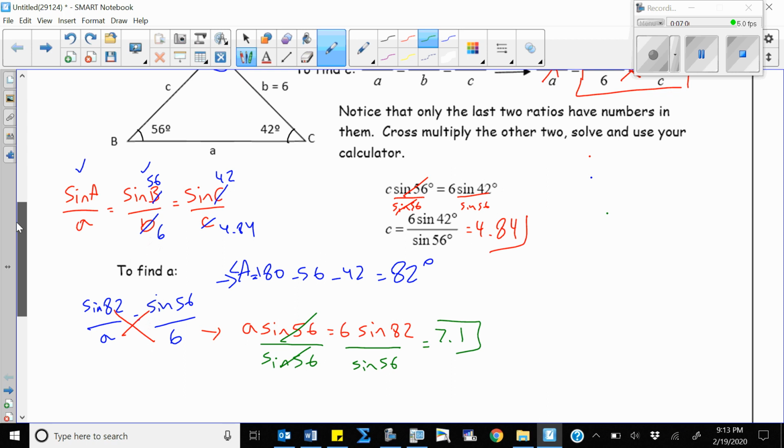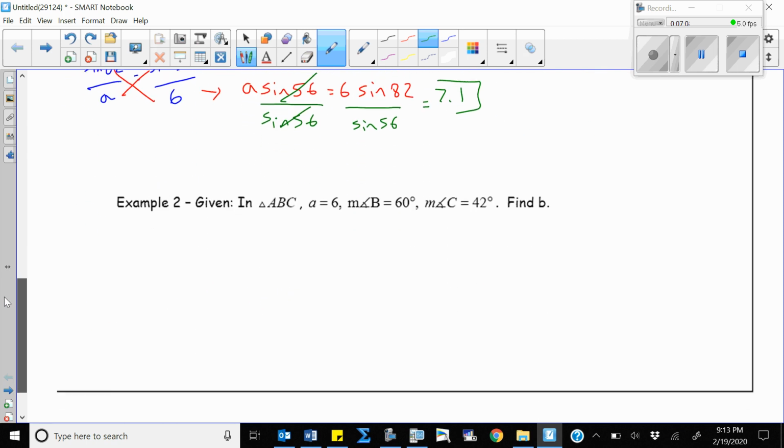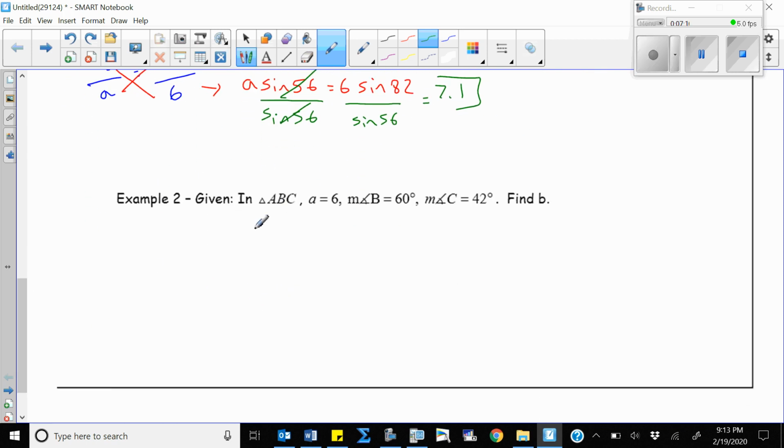Okay, so now let's do the other example that we have here. Given triangle ABC, let's draw the triangle here, A, B, and C. Side A is given, is equal to 6. Angle B is equal to 60, and angle C is equal to 42.